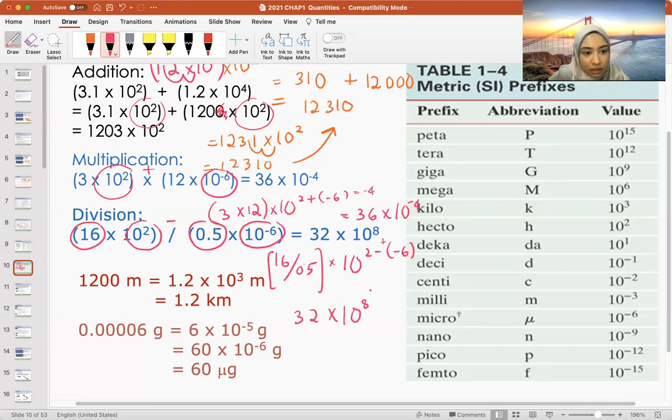So for multiplication you add when you have 10 to the power of something. When it's division, you subtract the powers.